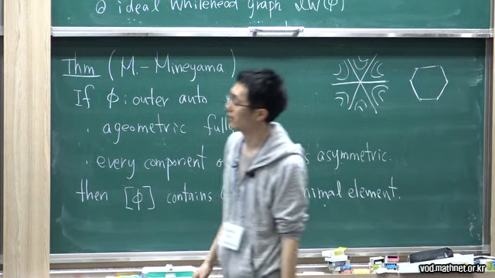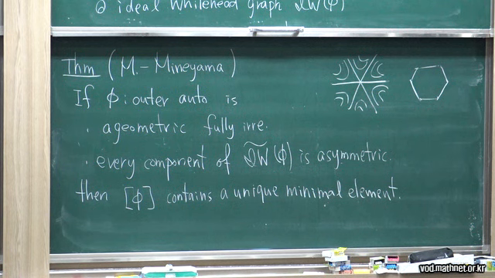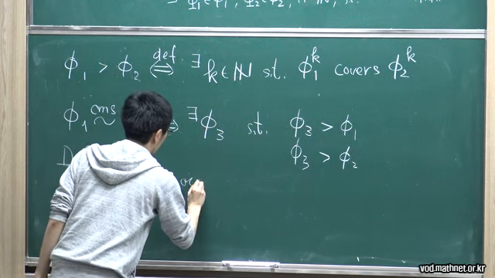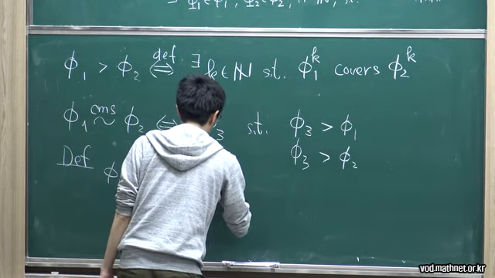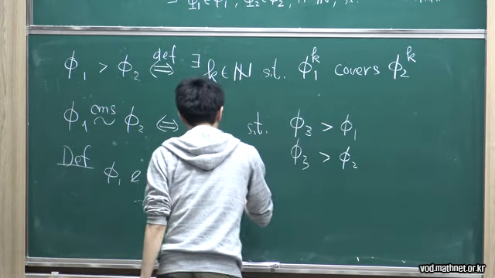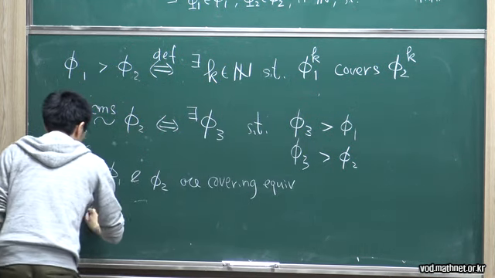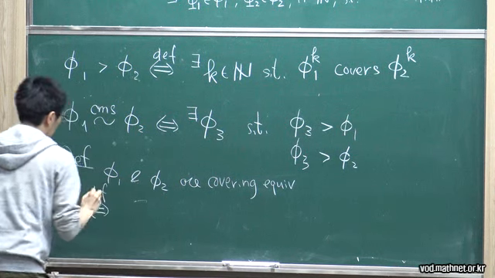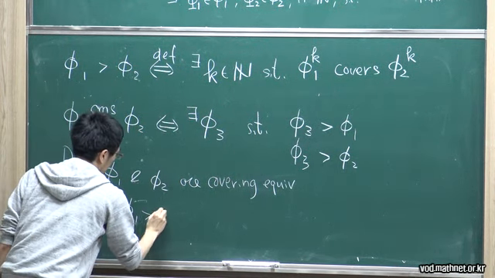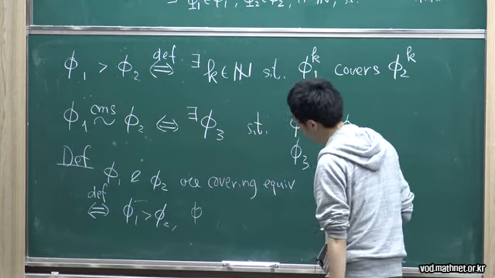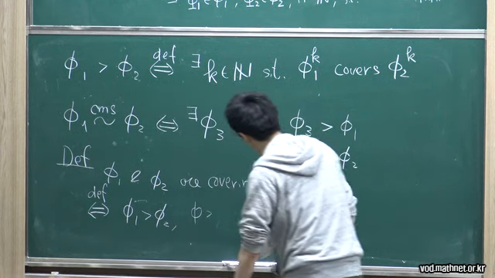Oh, sorry, I forgot to mention one definition, I'm very sorry for this. Of course, I need to assume phi and think about covering equivalence, just as I did for mapping classes. It is exactly the same definition: if phi1 and phi2 cover each other, then they are called covering equivalent.